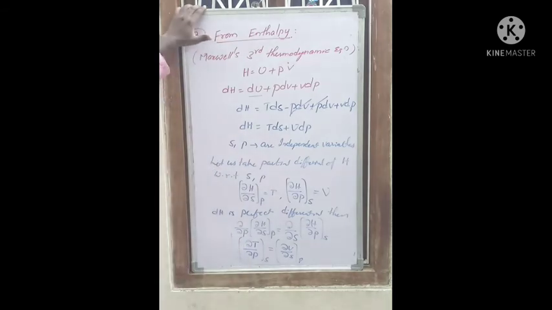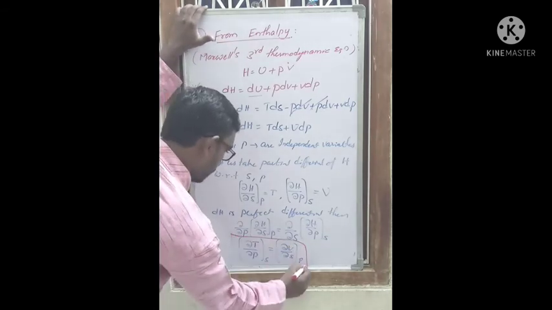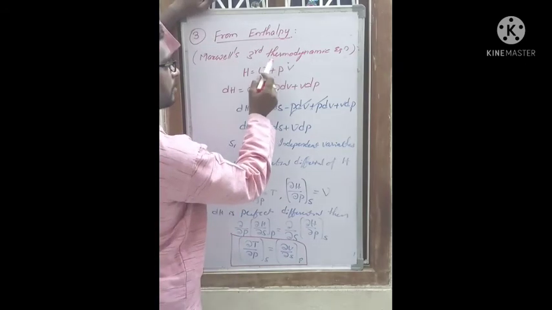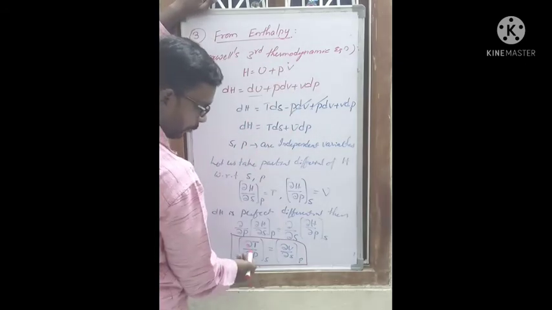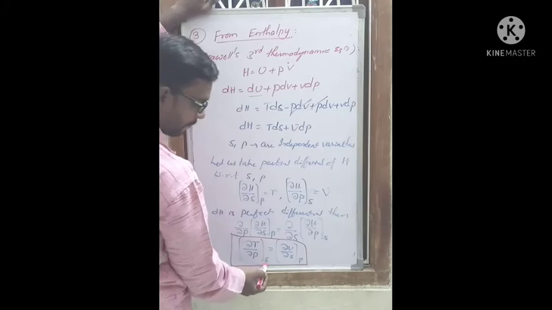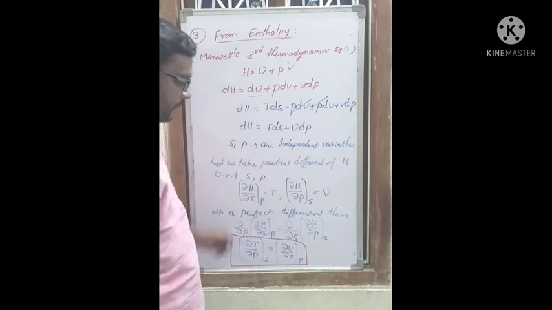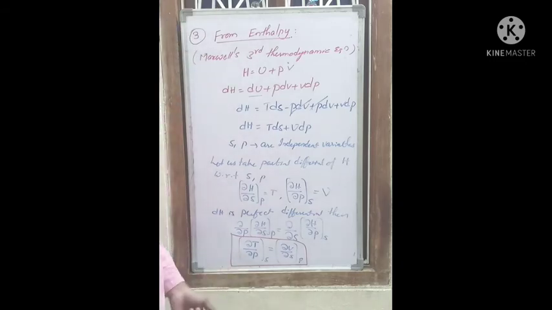So this is equation number 3, Maxwell's third thermodynamic equation: ∂T/∂P at constant entropy is equal to ∂V/∂S at constant pressure. We have to remember this one.